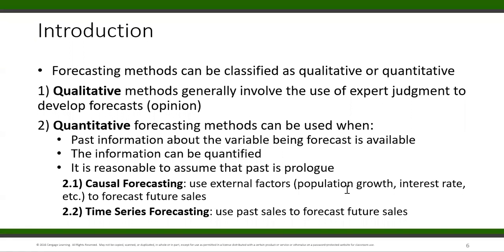For example, you may predict the sales based on the number of online ads, the number of commercials, or the number of people who are going to go out there and market your product.